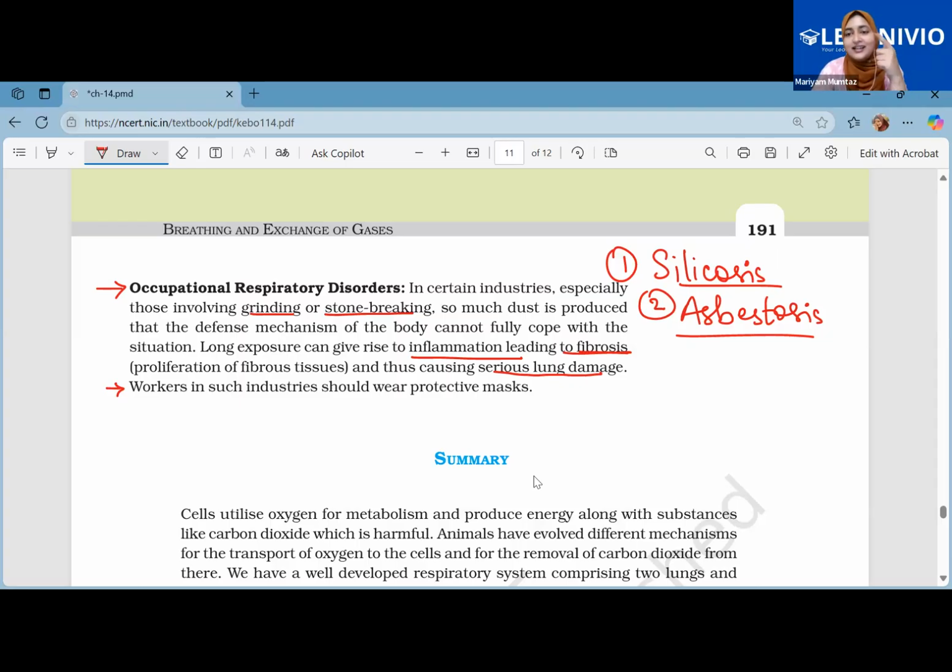Because of the deposition of asbestos, the lungs again become harder. The respiratory surface for exchange of gases is reduced, and the person has difficulty in breathing. So any doubts up until now?